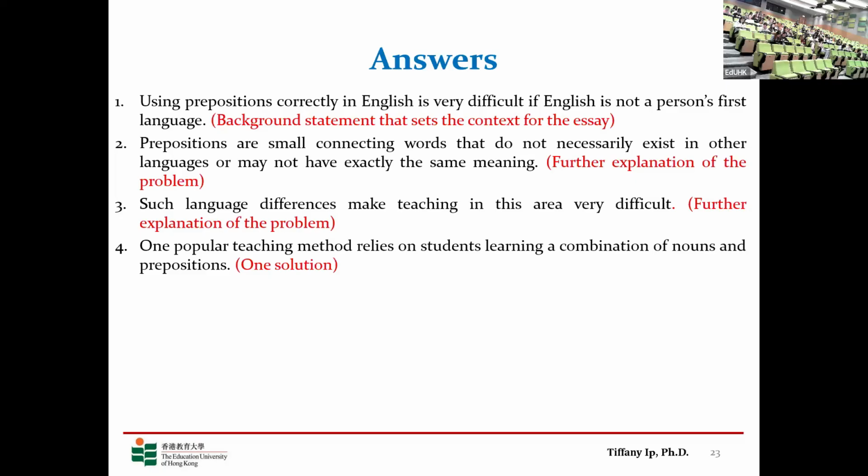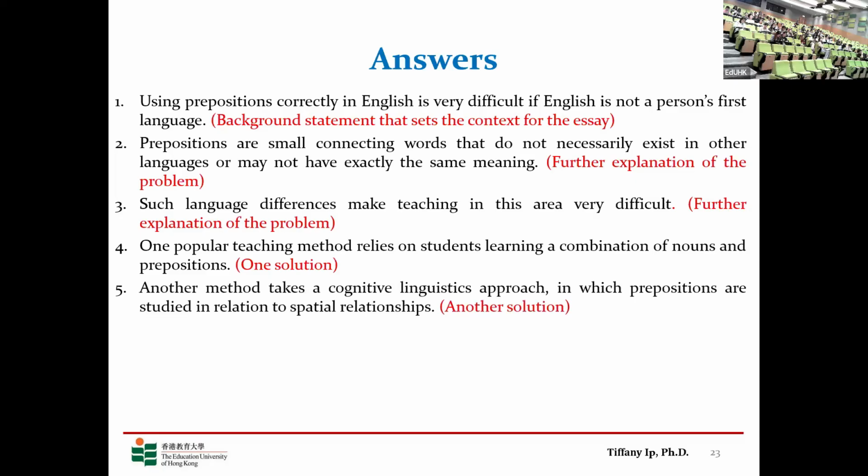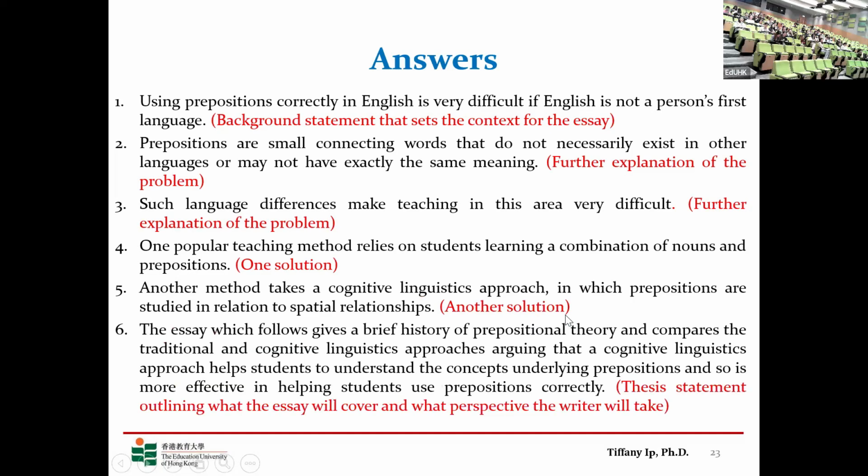One popular teaching method relies on students learning combinations. Another method, so again, the word signals, right? This sentence should come after that. Another method would be another solution. The last one, you should get it correct. Sentence 5 should be at the end because that is a very important thesis statement.